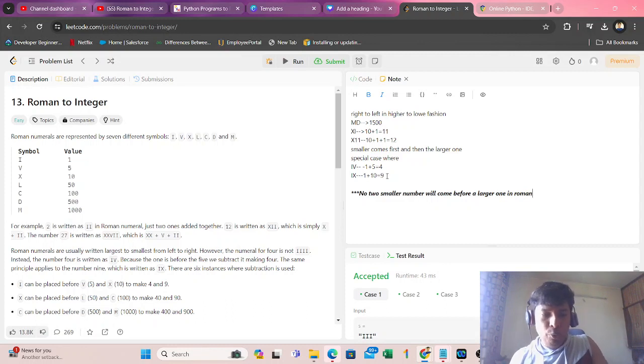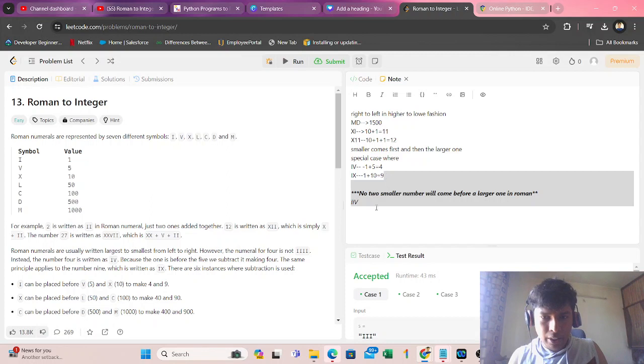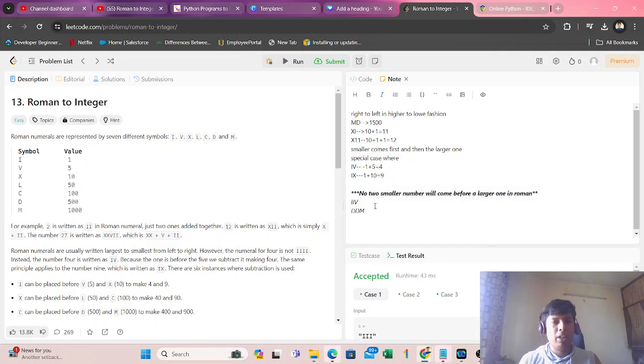What it means is you will never see any number like IIV or DDM. You will never see such a number. Always there would be only one smaller number preceding the larger number, if there is such a case. So keep that in mind. We don't have to think about two or three smaller numbers before the larger; they will not come.